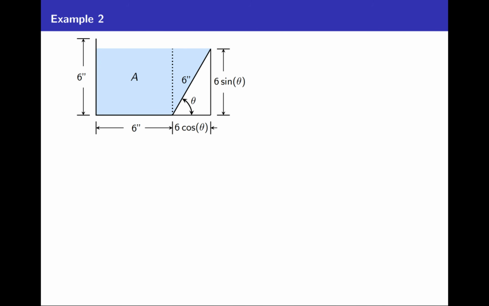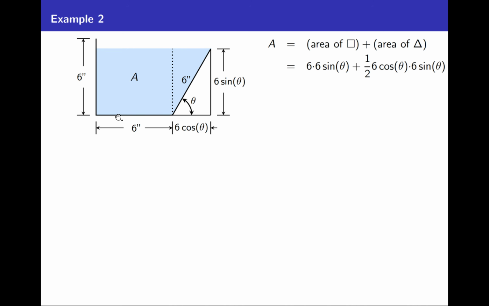Let's think about what the area of this water would be. Notice we have a rectangle right here and a triangle right there, and together they make up that blue cross-section of water. The area of this blue region would be the area of that rectangle plus the area of the triangle. And these are familiar area formulas. For the area of the rectangle, it's going to be base times height.